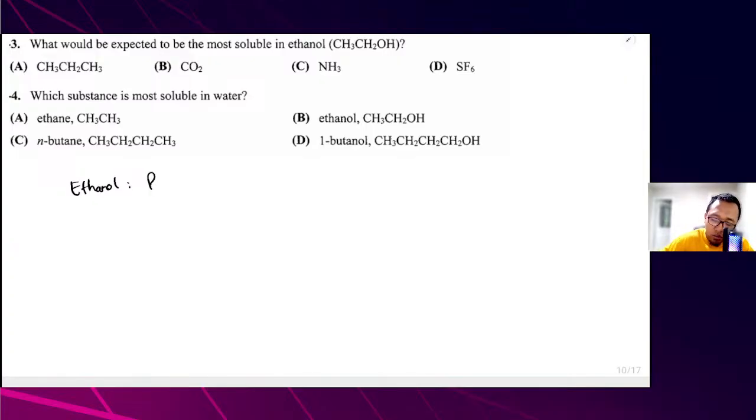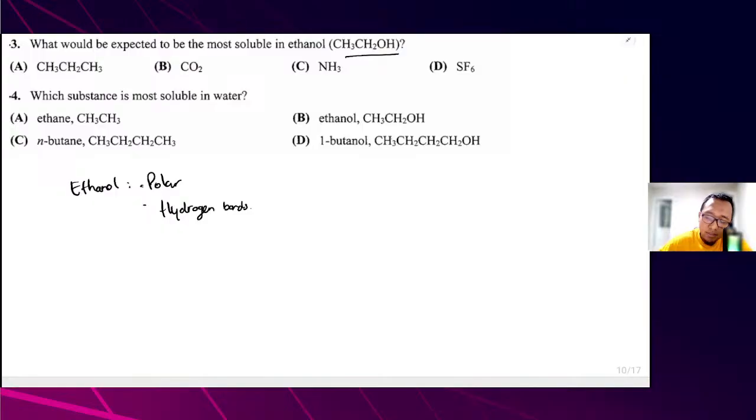Ethanol is polar, and it can form hydrogen bonds.